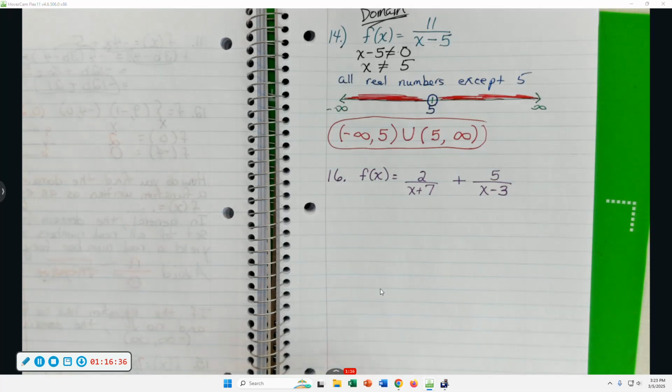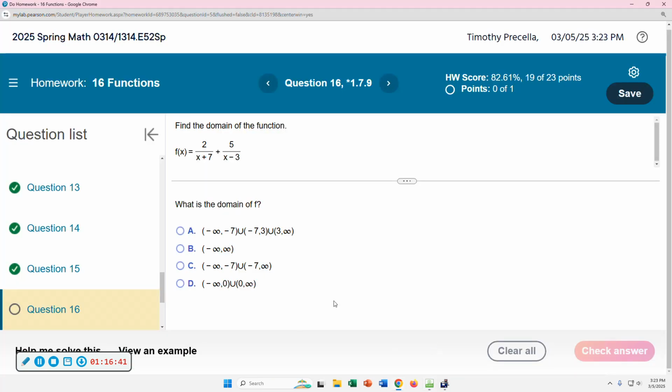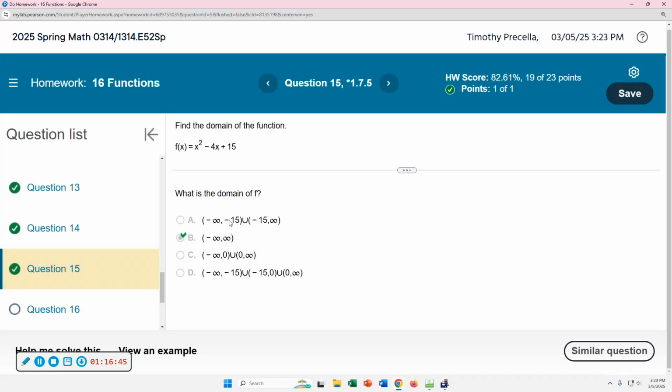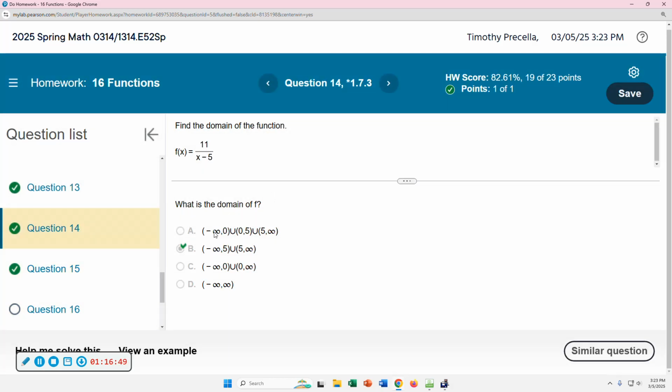Number 16, there's going to be two numbers. It reminds me of the way they had this answer. Remember, y'all said part A was saying all real numbers except for 0 and what else? 5. So I bet the answer is going to look like that.